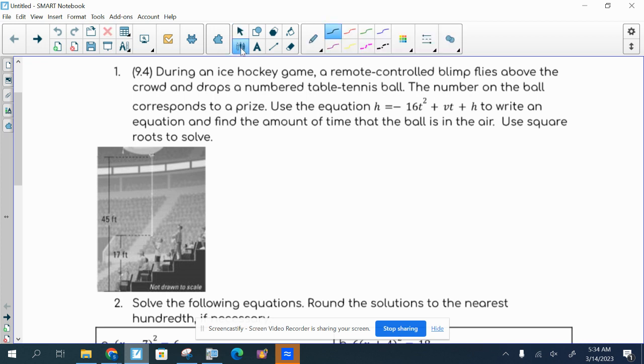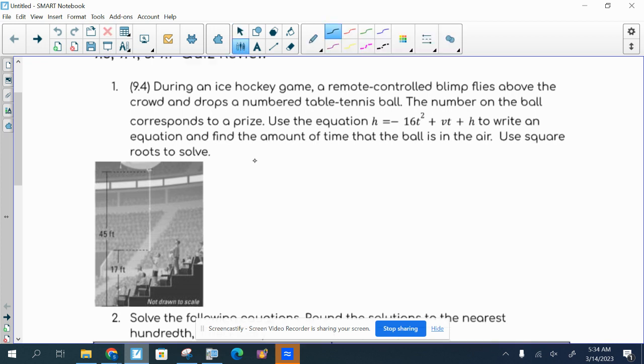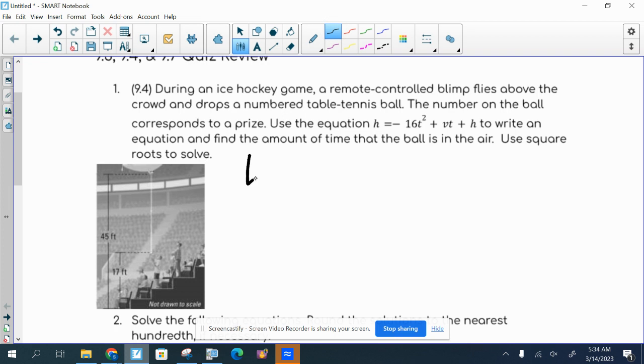So let's write the equation. H equals negative 16t squared plus, now remember, if it's being dropped, where does it say that? If it's being dropped, then the initial velocity is going to be 0 because it's not being thrown. So you're not going to have this term.